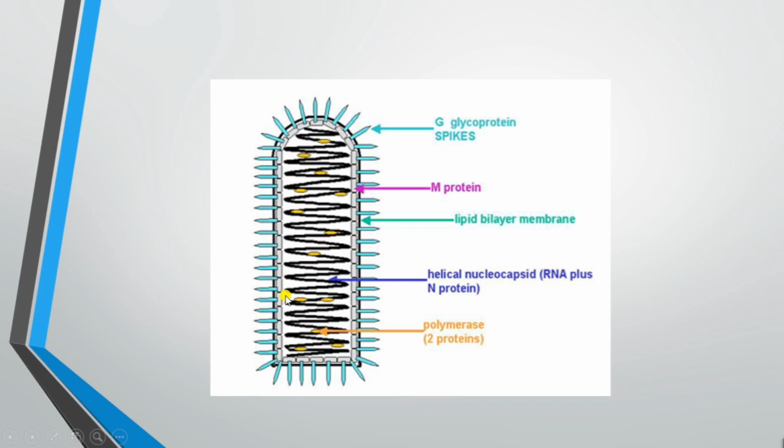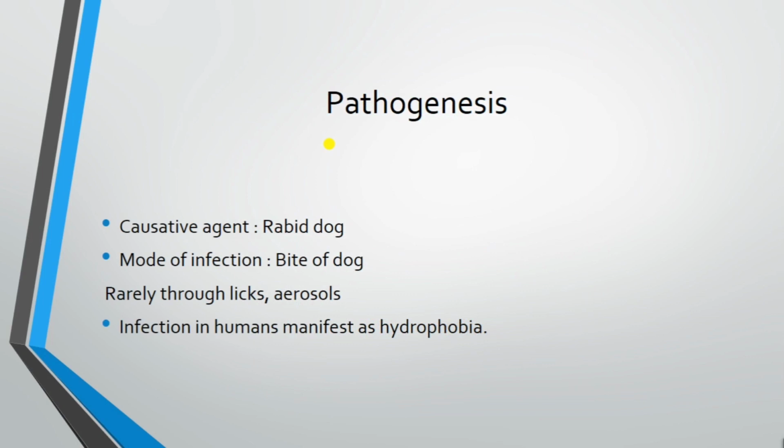The nucleocapsid is helical in nature, and covering the helical nucleocapsid, there is an envelope. The envelope has G glycoprotein spikes. This is the structure of rhabdovirus.